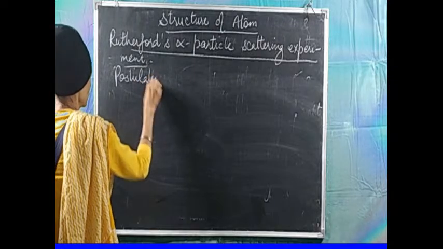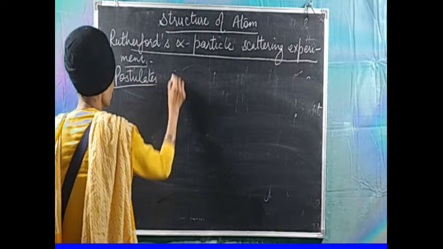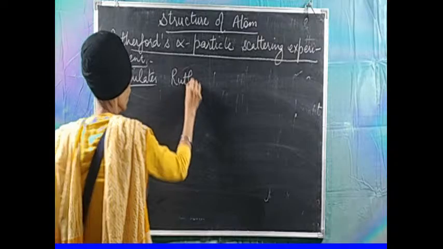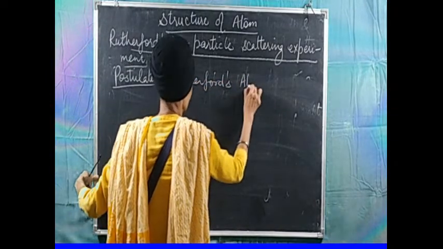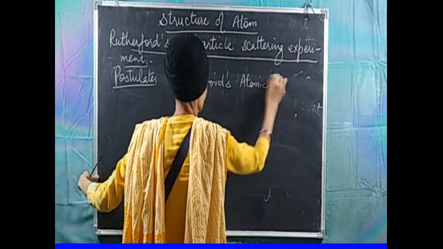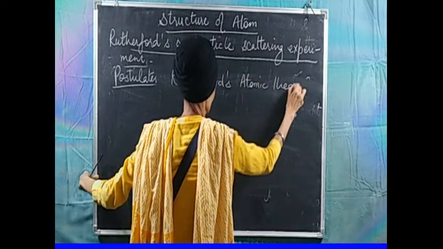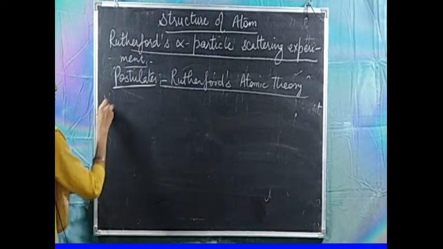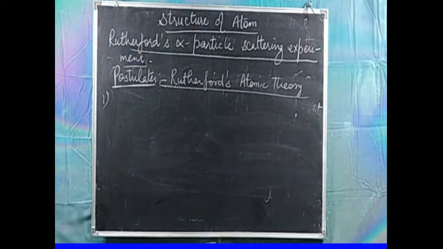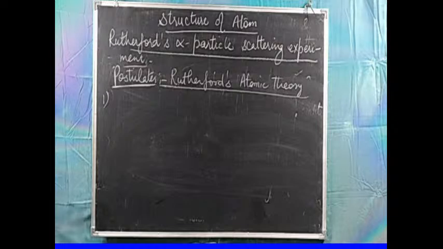Postulates means we are now giving Rutherford's atomic theory. So first point, that positively charged center, he gave the name nucleus.